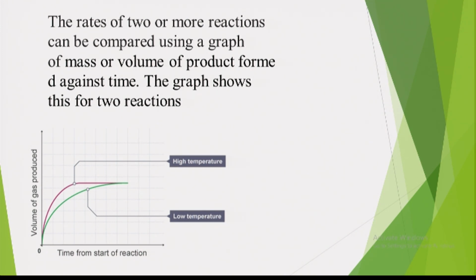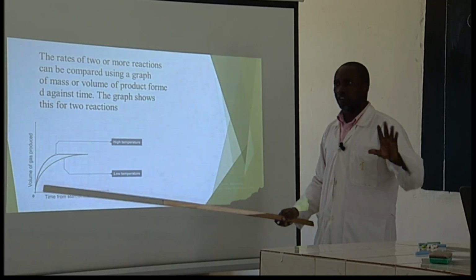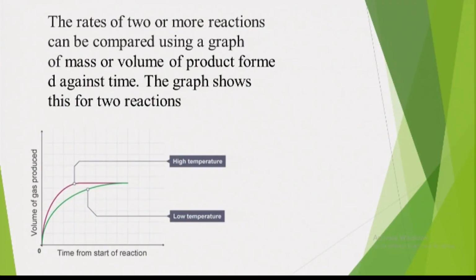Because when you look at these, there are two similar reactions. Take note of that. They are similar reactions, but they are occurring at different rates, at different temperatures. So the time these reactions come to the end will definitely not be the same.